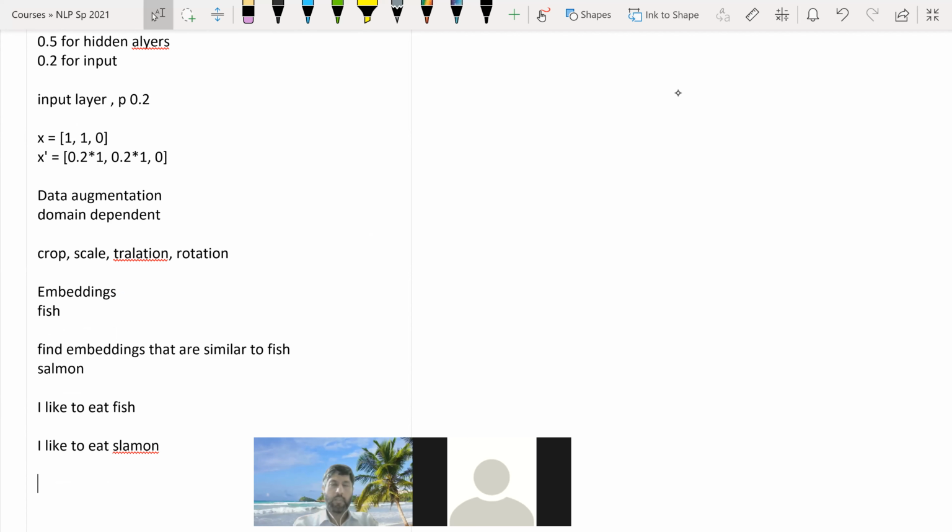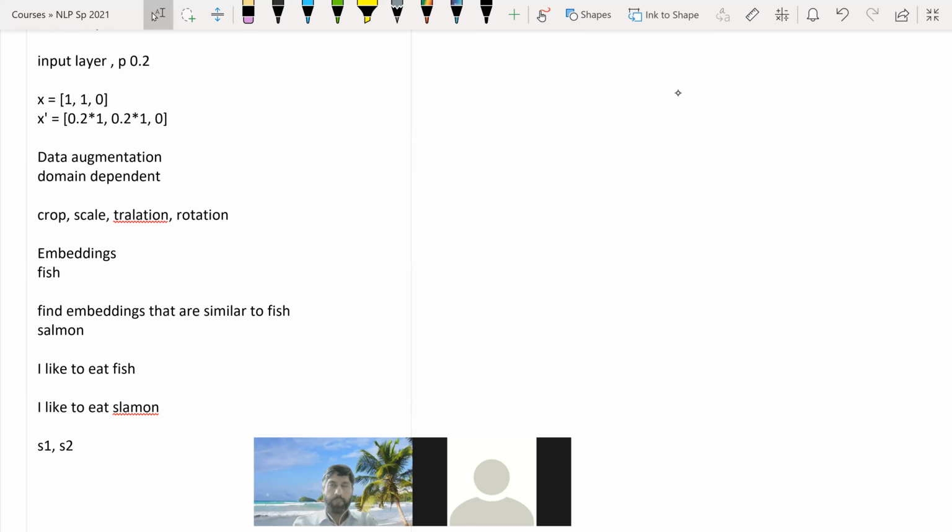Paraphrase detection means that you have a sentence S1 and a sentence S2, and we want the model to tell us whether they are paraphrases or not. So it is a classification problem.